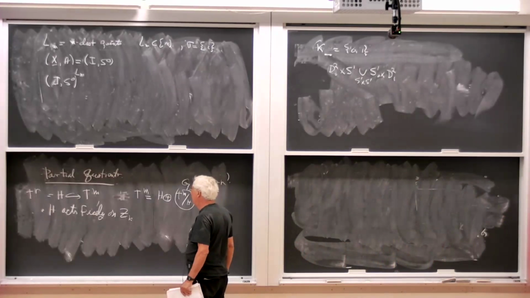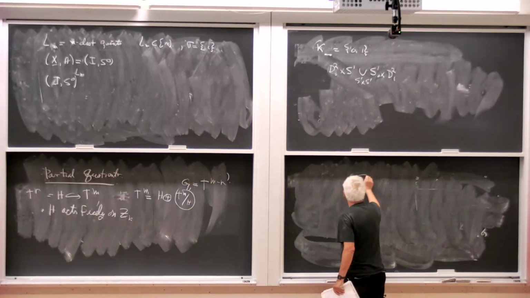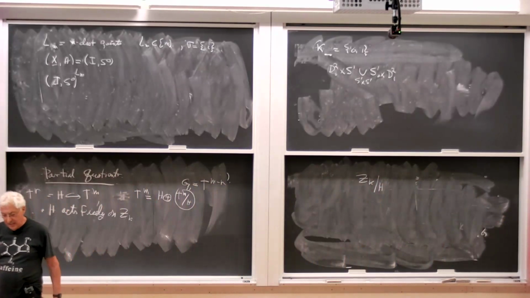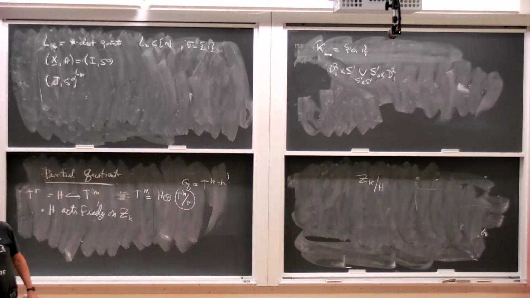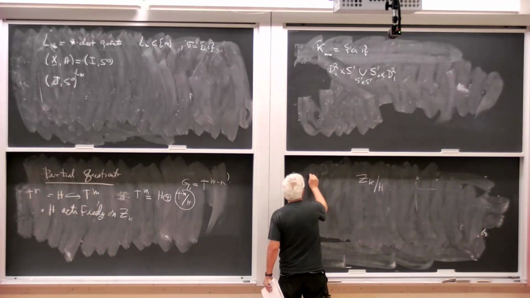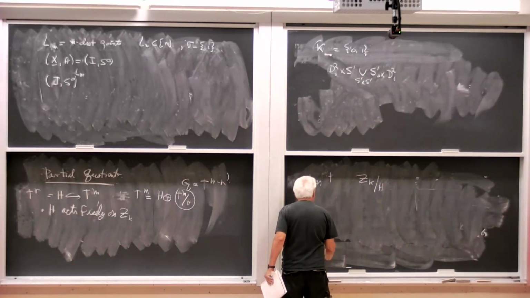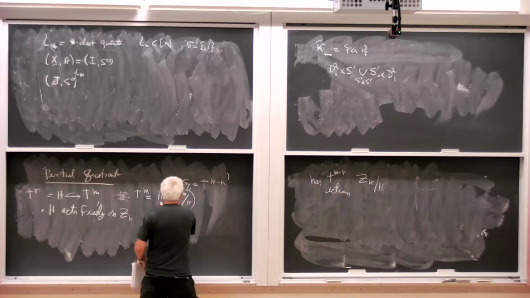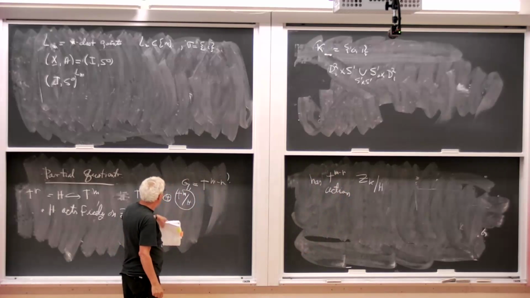Well, I could look at ZK mod H. Don't forget, H acts freely on ZK. I could take a look at ZK mod H. I've used up some of the Tm action. This still has the leftover action, the coordinates that I did not use. This has a Tm minus R action. I mean, Tm decomposes in that way, and I've used up H by quotienting it out.